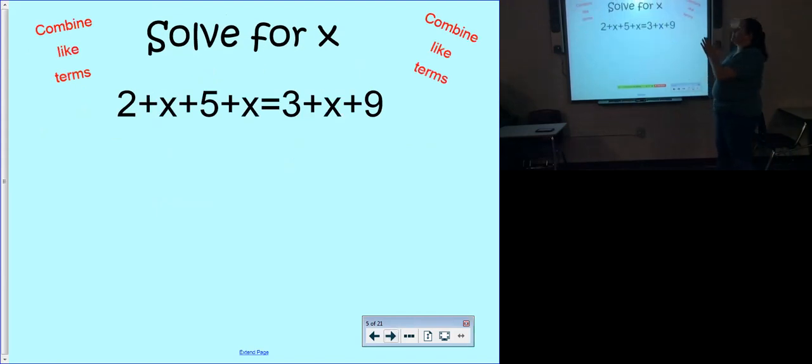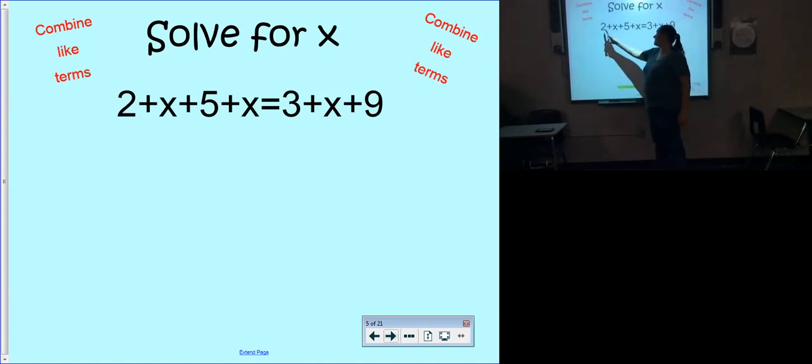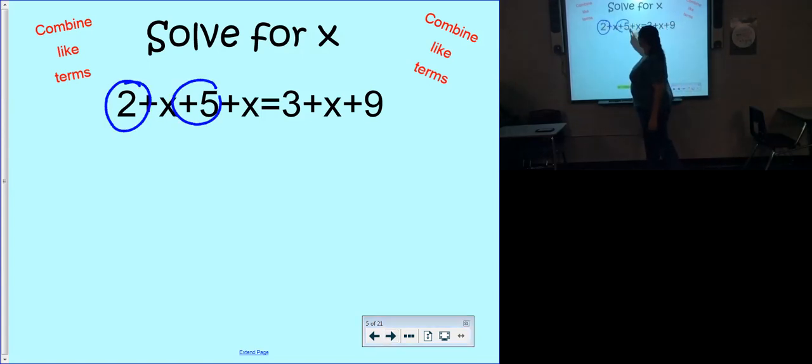All right, my next problem, I had 2 plus x plus 5 plus x equals 3 plus x plus 9. That's a lot, which means I'm going to need to combine like terms. The way I know I need to combine like terms is that I have constants on the same side that can be combined. 2 plus 5 gives me 7.